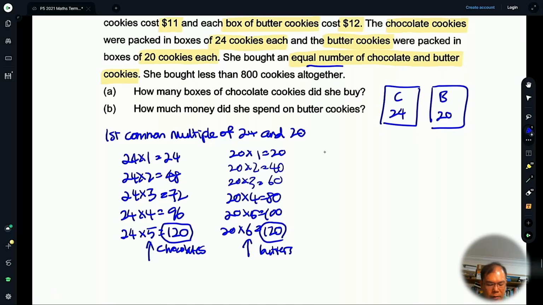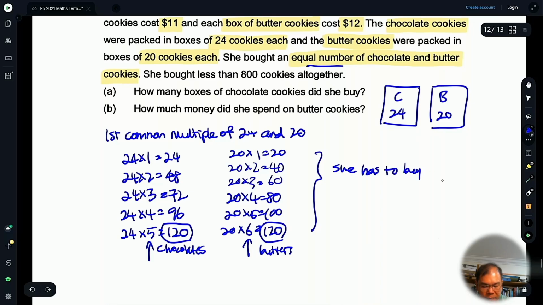So it all means that she has to buy in sets of 5 boxes of chocolate cookies and 6 boxes of butter cookies.